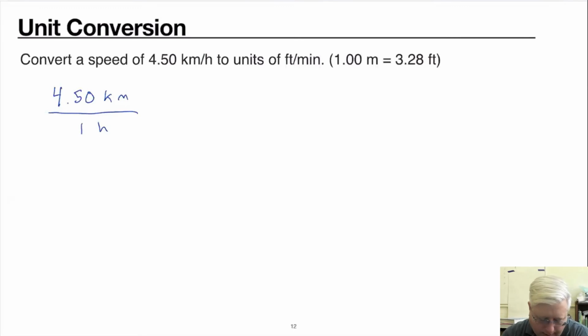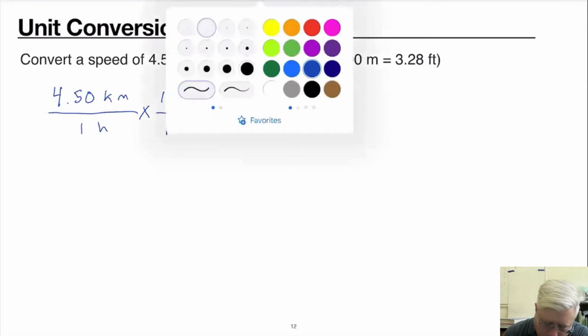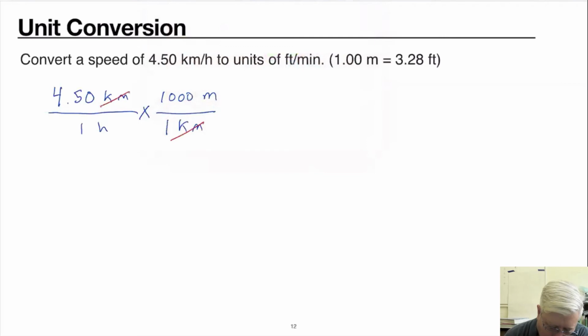So we could do a couple steps here. In order to change the kilometers to meters, you might know you just need to move the decimal over 3 places. Isn't that the same as multiplying by 1,000? There's 1,000 meters in a kilometer. If I set it up as a ratio like this, 1,000 meters in 1 kilometer, notice what happens: our kilometers cancel out.